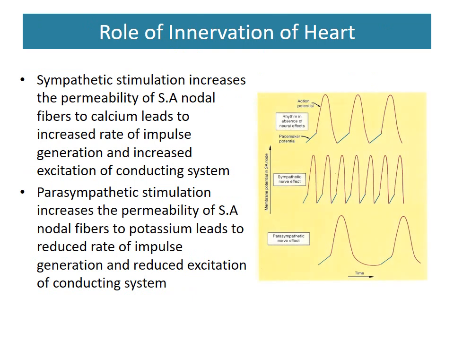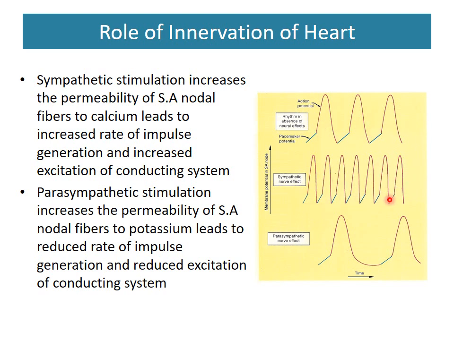And this is the revision slide as you have done in the previous lecture. Sympathetic stimulation increases the permeability of SA nodal fibers to calcium, that leads to increased rate of impulse generation and increased excitation of conductive system. Here is the sympathetic nerve effect.